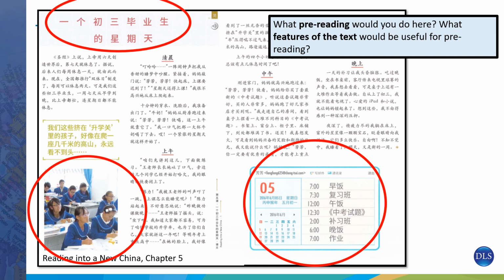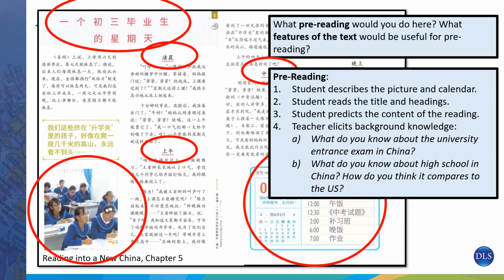So getting the student to read the title and predict what the text is going to be about. And then of course we've got these subheadings here, and those are going to give important information about the text. So getting the student to just read the subheadings and say, what do you expect to be in each section? And that would be a great pre-reading exercise.